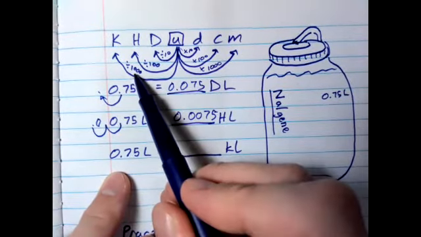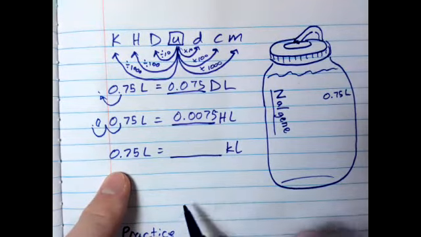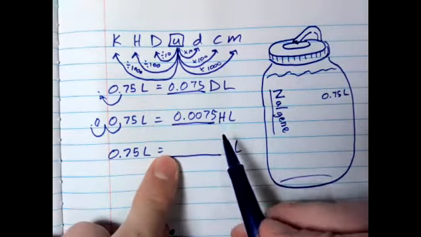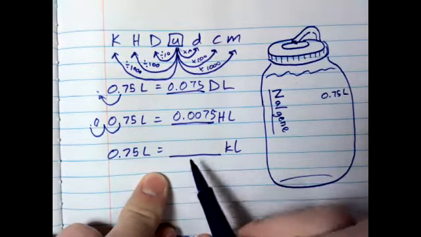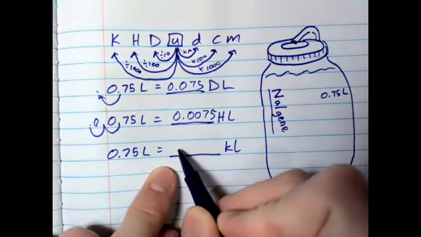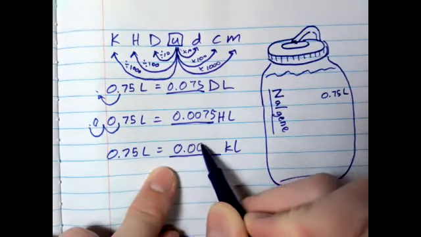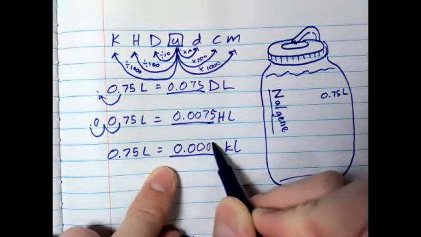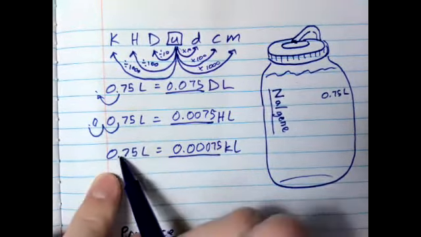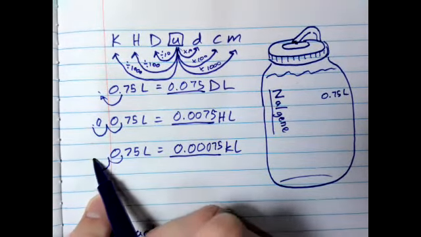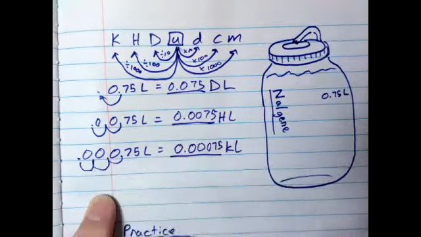We're going to divide by 1,000. 1, 2, 3 zeros. What will our answer be? Look at the pattern if you need to. 0.075, 0.0075. This one, we're going 3 zeros this time. So it's 1 space, 2 spaces, 3 spaces for the decimal.